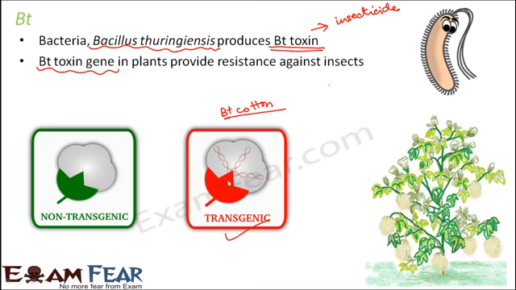It has inbuilt resistance against insects, therefore it will not be spoiled by insects. Whereas normal cotton gets easily spoiled and damaged by insects. Also, this plant, in order to survive, would need external application of insecticides. So this is the advantage of BT cotton over the normal cotton plant.